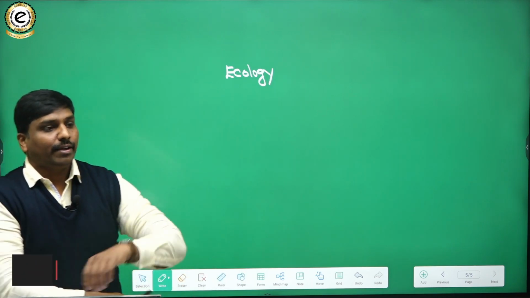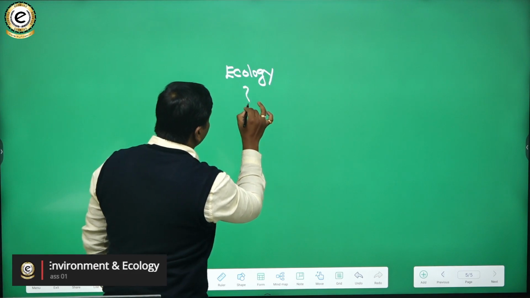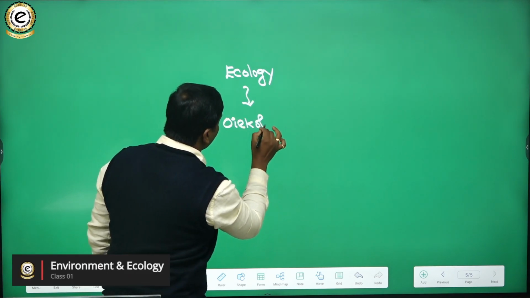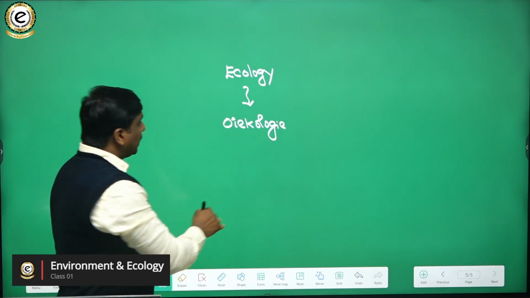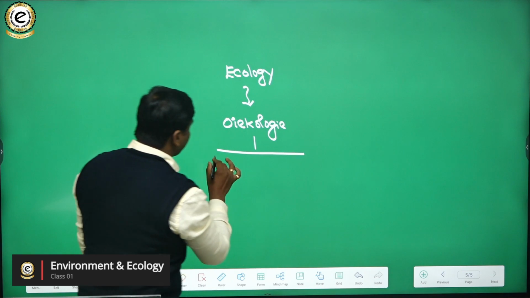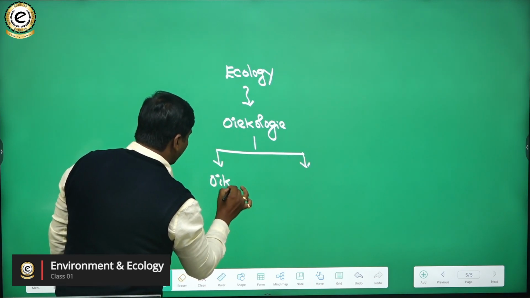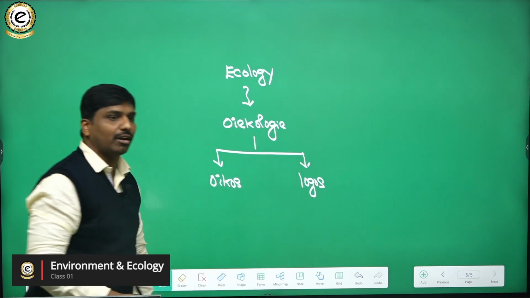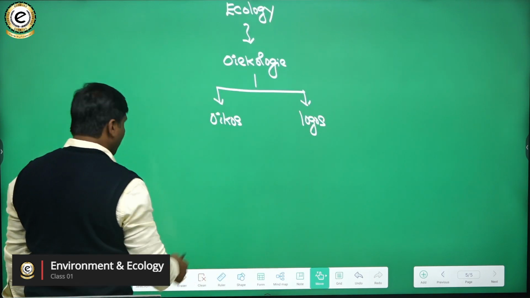When we talk from the perspective of ecology, the word ecology has been derived from a Greek word called oikology, which is made up of two words. One is oikos and the other one is logos. So what do you mean by oikos? Oikos means what? Anyone?